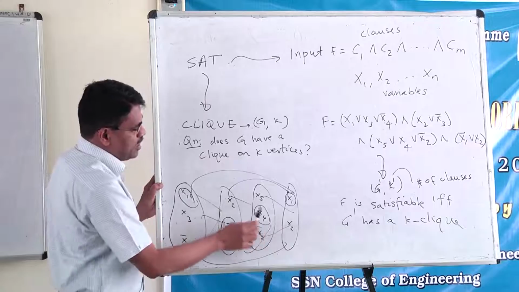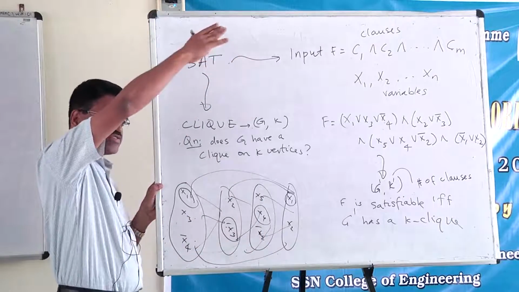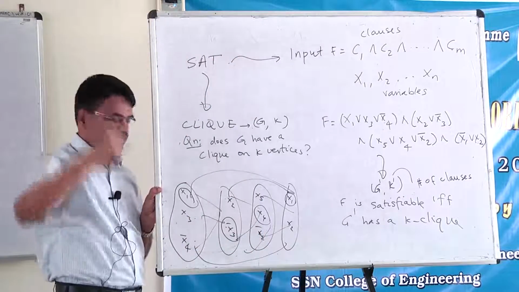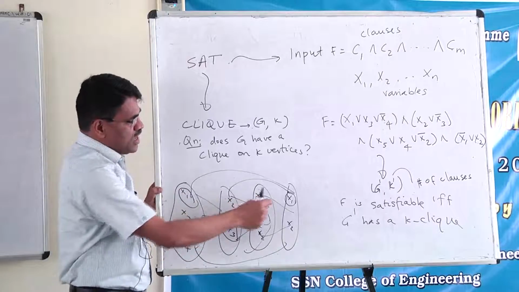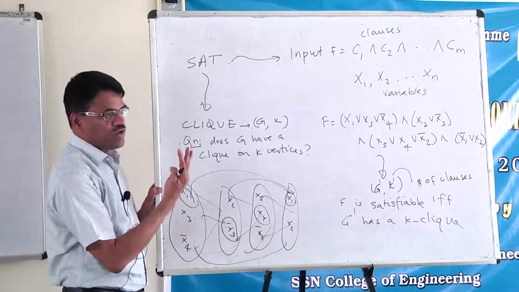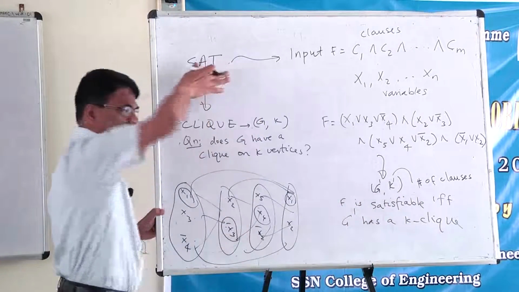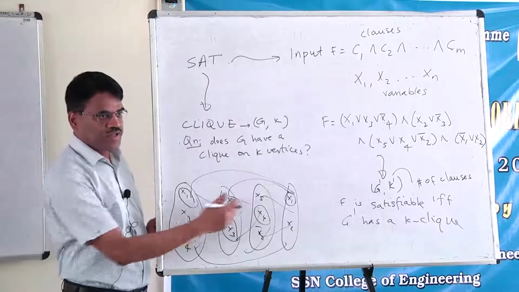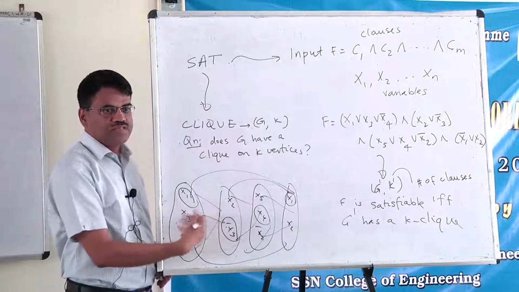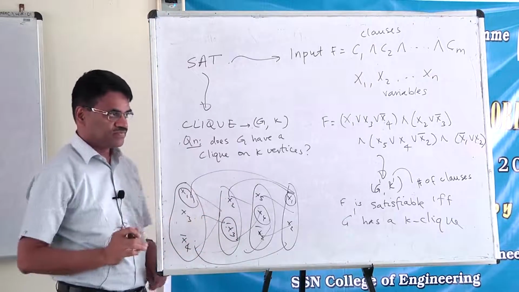If F is satisfiable, there is a satisfying assignment, every clause is satisfied by some variable. I collect those variables and they form a 4-clique. 4 is the number of clauses here. So if F is satisfiable, there is a 4-clique, because of the way I constructed my graph, there is an edge between every pair of these sets.